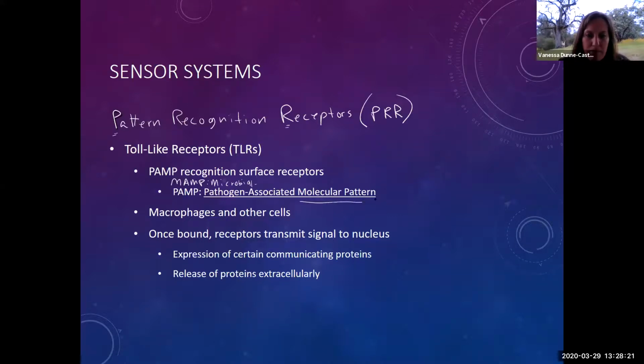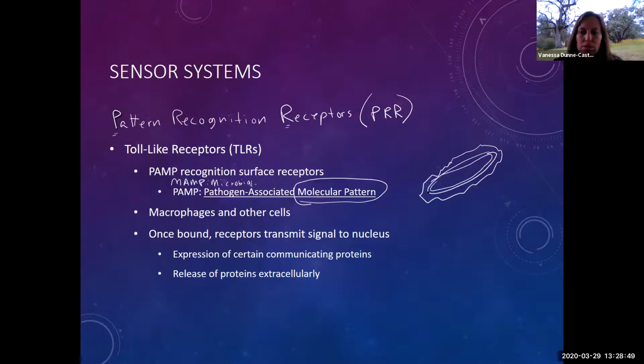So this concept of molecular patterns, let's discuss this for a second. This will make sense to you if you think about it. A molecular pattern is a molecule that is repeated over and over and over again to make up a structure of a pathogen. Let's think about, for example, how a bacterial cell looks. Let's draw a gram-negative bacteria envelope, with a flagella, for example.